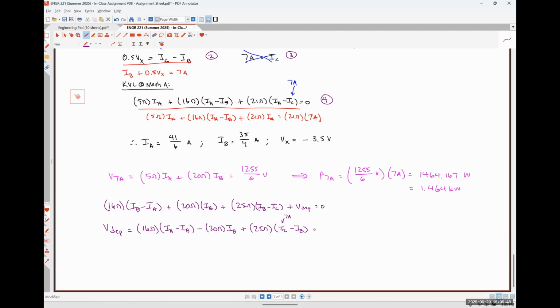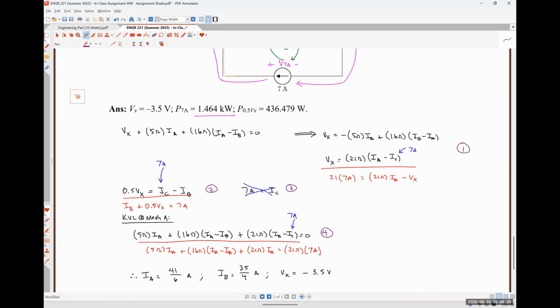So 16 times (x minus y) minus 20y plus 25 times (7 minus y) comes out to be negative 2,993 over 12 volts. And from here, we would have negative 2993 over 12.